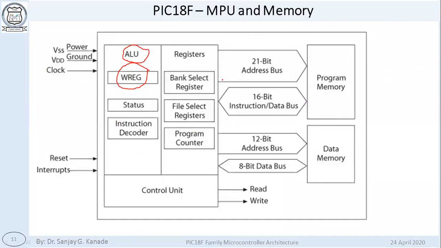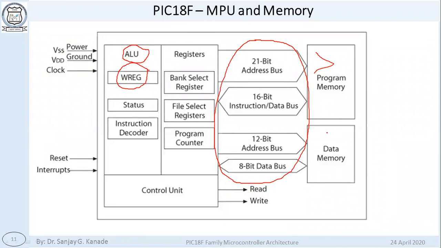I want to draw your attention to the buses drawn, and the directions of the buses. The first one is the 21-bit address bus, going from the microprocessor unit towards the program memory. You can see this is a one-way direction. Similarly, a 12-bit address bus goes from the microprocessor unit towards the data memory.